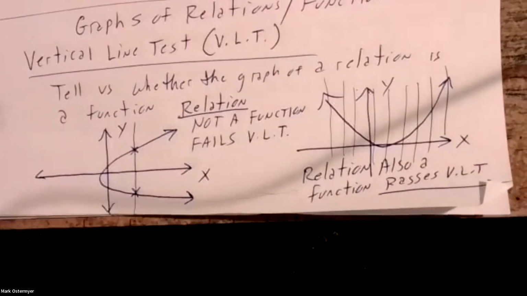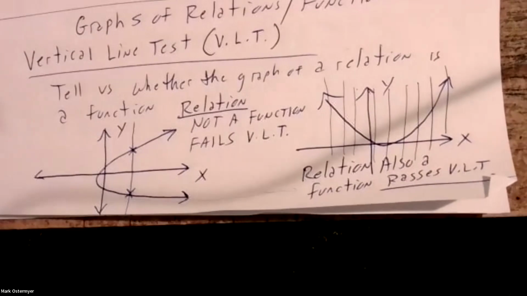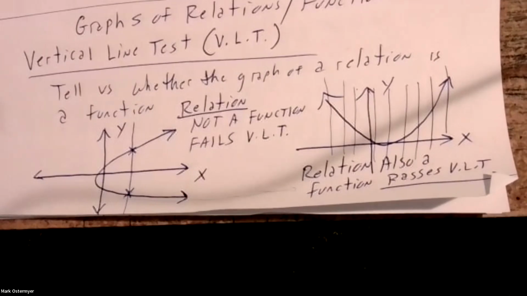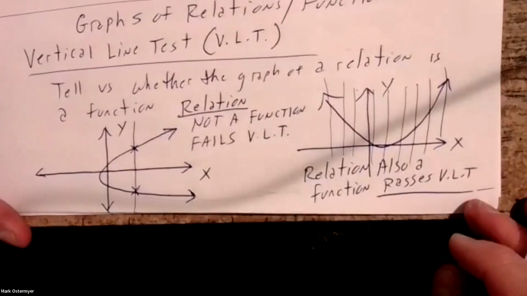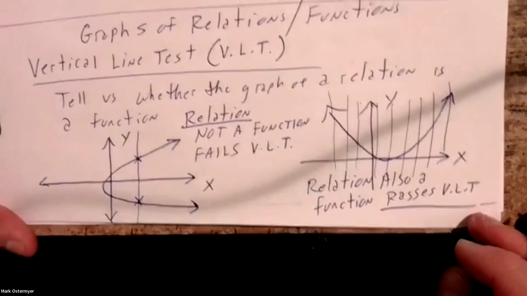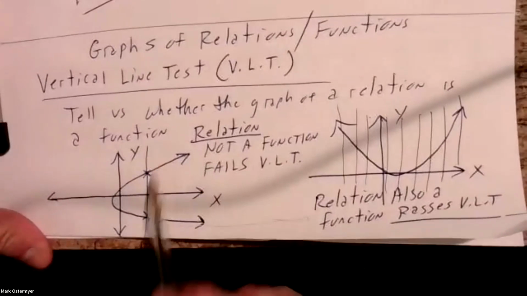So, ladies and gentlemen, is this making any sense, what the vertical line test can tell us about whether the graph of a relation qualifies as being a function or not? Okay. This is not.